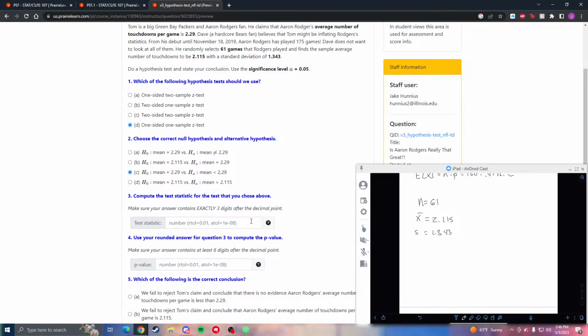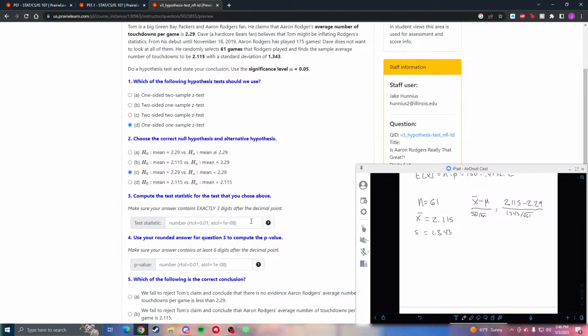Test statistic is equal to x bar minus mu over standard deviation over root n. So it's 2.115 minus 2.29 divided by our 1.343 over root 61.